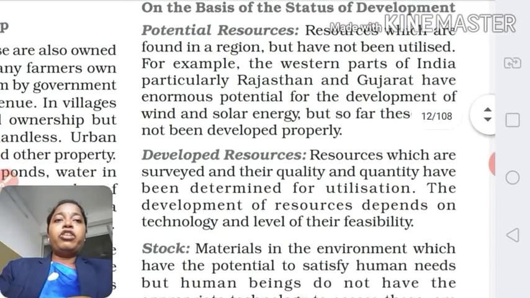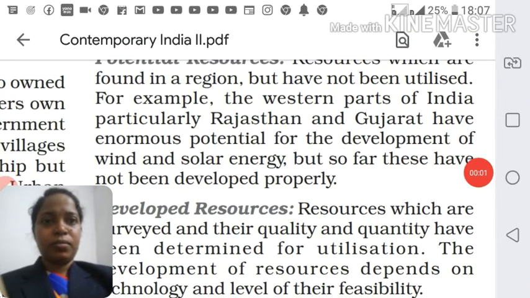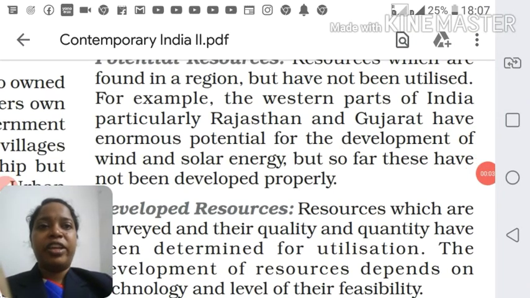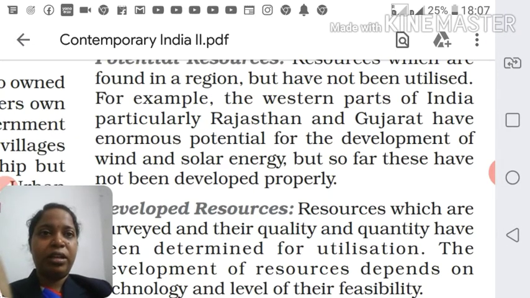Because wind and solar energy is so expensive, even though Rajasthan and Gujarat have enormous potential, it has not been developed till yet.